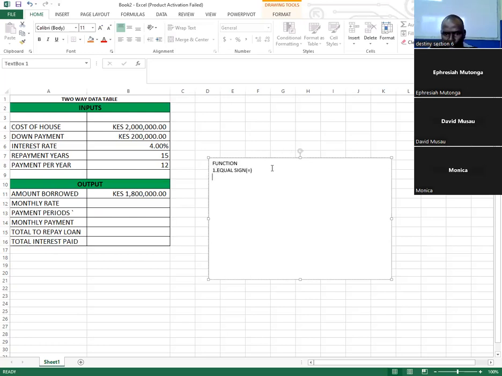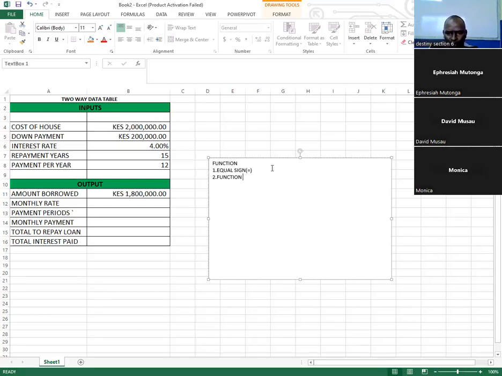Number 2, we discussed that a formula must have a function name. The function name tells the spreadsheet what to do: is it to add, to subtract, to multiply? It tells the application what to do with the data you select.